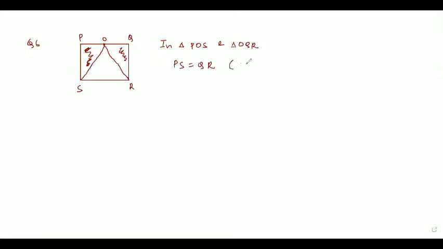Because opposite sides of a rectangle are equal. PO equal to OQ. Why PO equal to OQ? Because O is the midpoint, which is given to us.